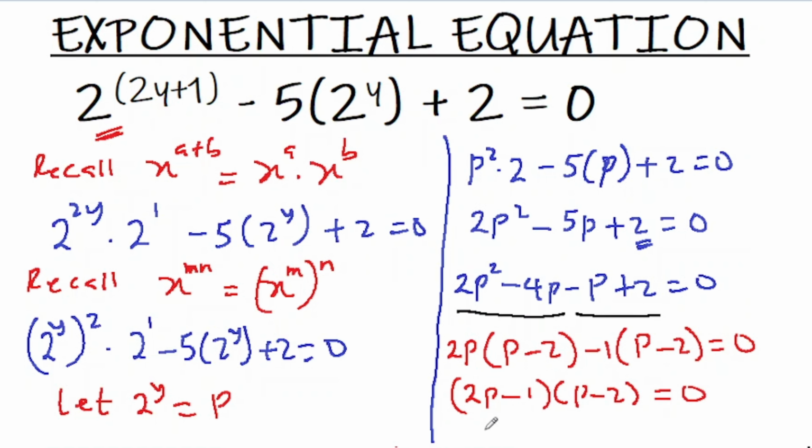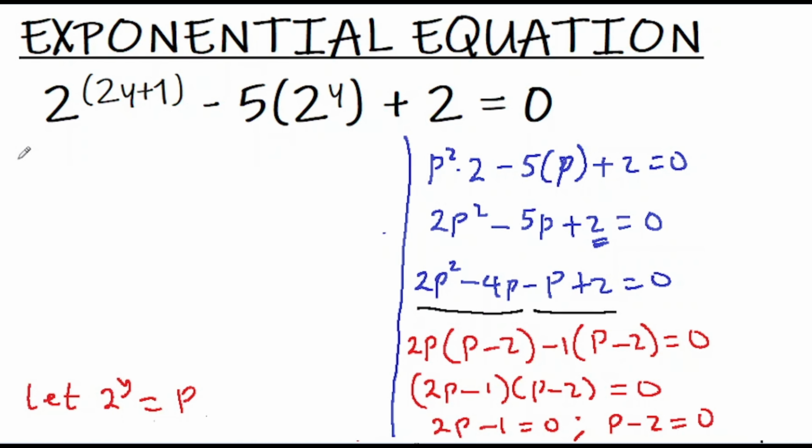So what we're going to do here is equate each factor to 0. 2p negative 1 is equal to 0, so 2p is equal to 1. If we add 1 to both sides of the equation, then we divide both sides by 2, we're going to have 1 over 2. So for the second part, p negative 2 is equal to 0, so p is equal to 2.